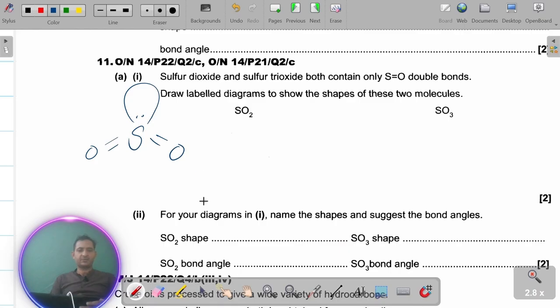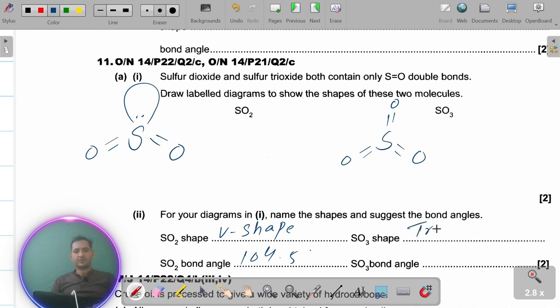It is repelling, so the shape of SO2 is bent or V shape, and the bond angle is 104.5 degrees. SO3 is trigonal planar, and the bond angle is 120.